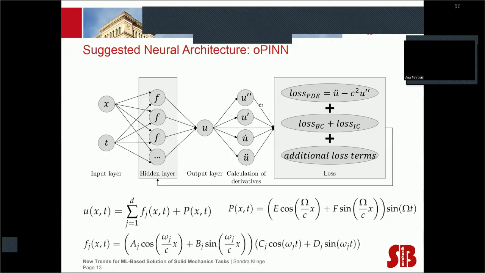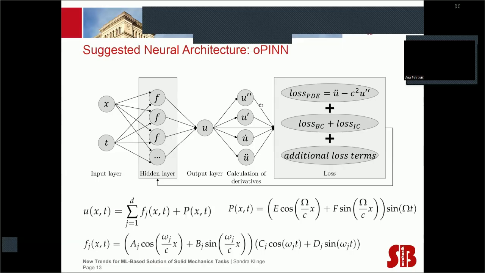It is also important here, you can see that we have a kind of error function which includes several parts. It's again not the mean square error function. We have something that goes back to the error due to the partial differential equation, error going back to the boundary conditions, initial conditions, and of course we can implement some other terms.